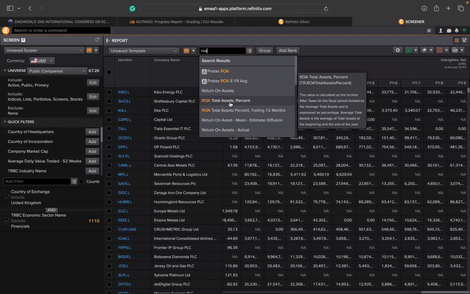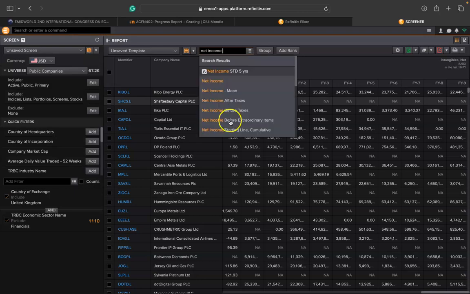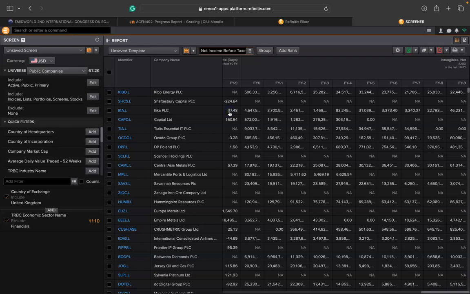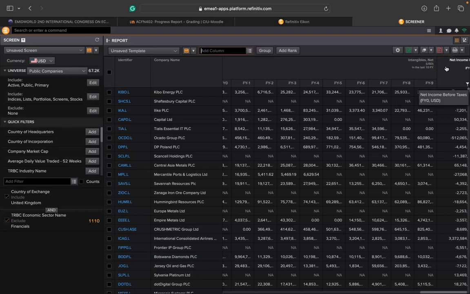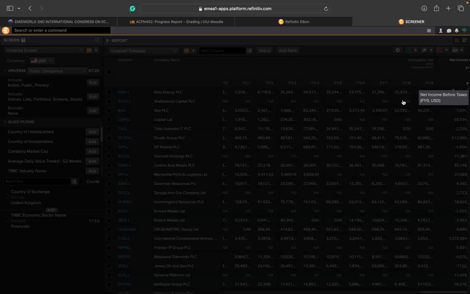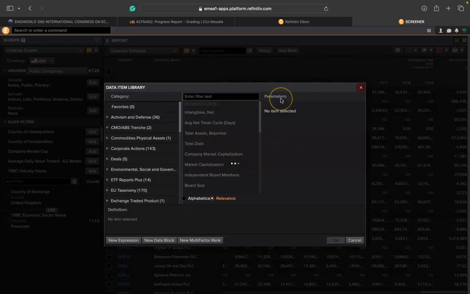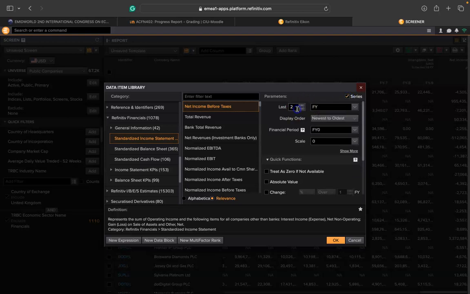So I need to go and select the net income, okay, net income before taxes. And I'm going to take and extend it for 10 years again.